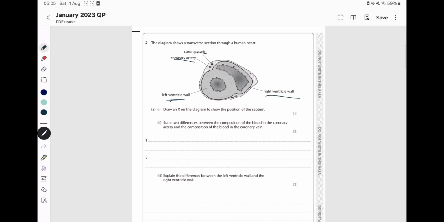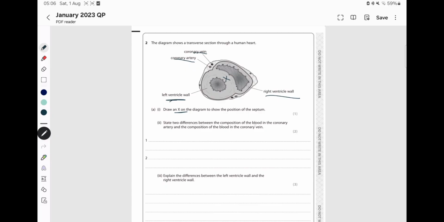A septum is like a wall that separates the right side of the heart from the left side of the heart. So here in this diagram, our septum is going to be in this area here in the middle. It's going to be that thick muscular wall that's dividing the right and the left side of our hearts, and you're just going to label that X as it asks us in the question. Okay, a very easy mark to get.